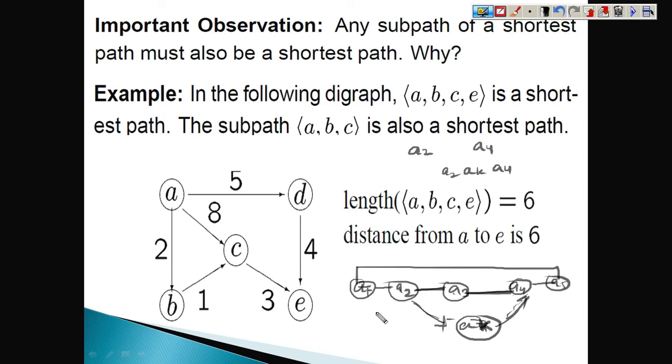Now, if this is the shortest path to move from A2 to A4, it also means that to go from A1 to A5 you would have chosen A1, A2, AK, A4 and A5, not A1, A2, A3, A4, A5. So these two things are contradictory. That's why we can easily realize that any subpath from the given shortest path will always be shortest.